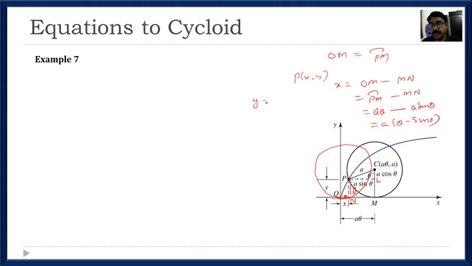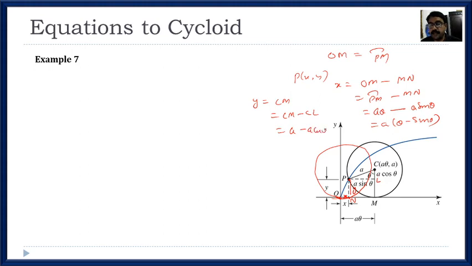Similarly, what is y? Y means the y coordinate of this height, which is the same as LM. LM you can write as CM minus CL. CM is nothing but the radius of the circle, which is A, minus CL. CL, from the right angled triangle, is A cos theta.